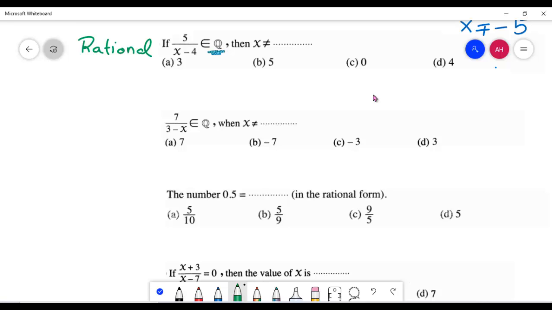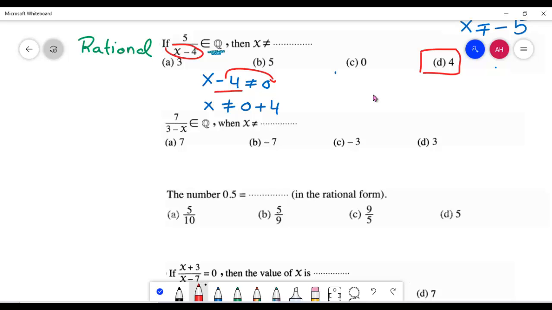And we said that to have a fraction as a rational number, the most important condition is that my denominator is not equal to 0. x minus 4 is not equal to 0. Solving it as an equation and moving the minus 4 to the other side, I will have x is not equal to 0 plus 4, which means that x is not equal to 4. So my correct answer is number D.